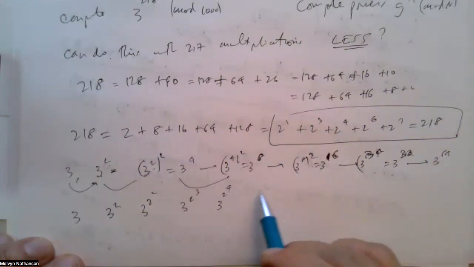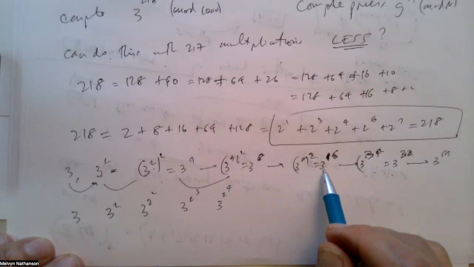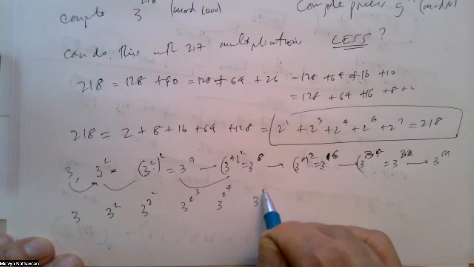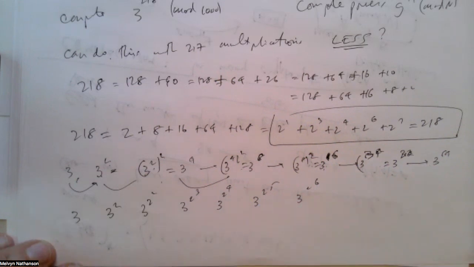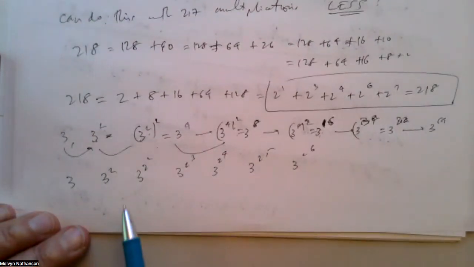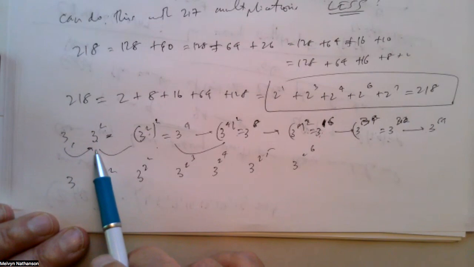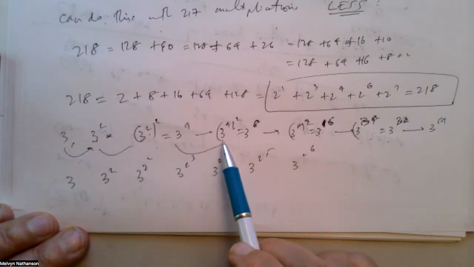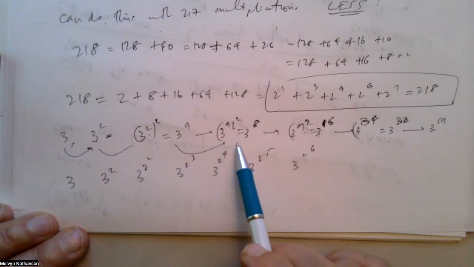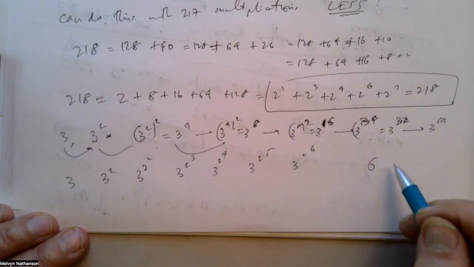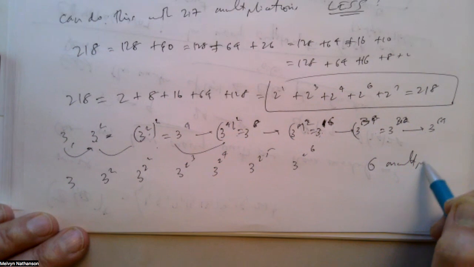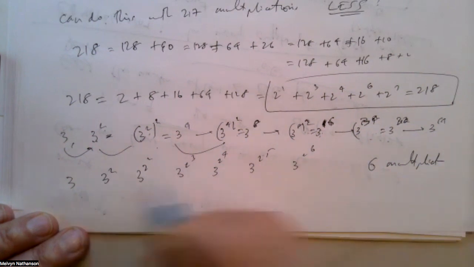So this is 3 to the 2 to the fourth, 3 to the 2 to the fifth, 3 to the 2 to the sixth. I get all of these numbers with how many multiplications? 1, 2, 3, 4, 5, 6. So I only need 6 multiplications to get these numbers.